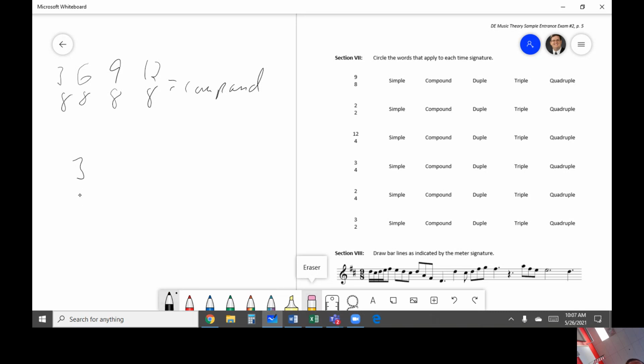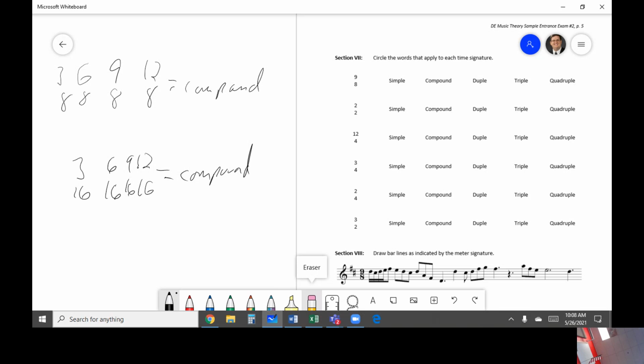Anything with a 16 on the bottom really could be simple or compound, but I think you'd be better off to say compound. Does that make sense, everyone? Let's just say that anything with an 8 on the bottom is going to be compound. Anything with a 16 on the bottom is going to be compound. Anything with a 4, 2, or 1 is going to be simple.